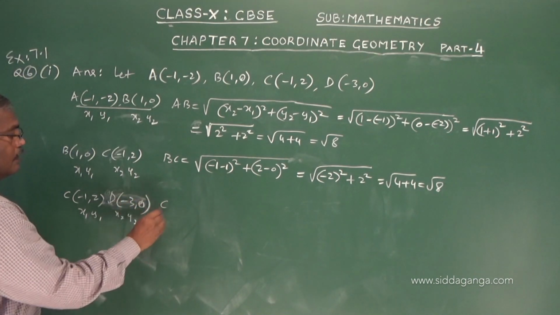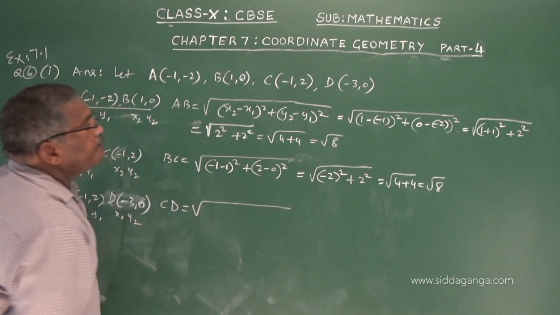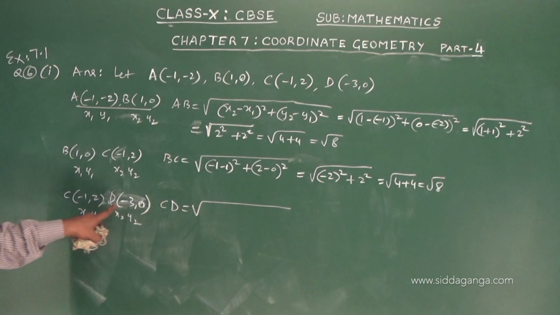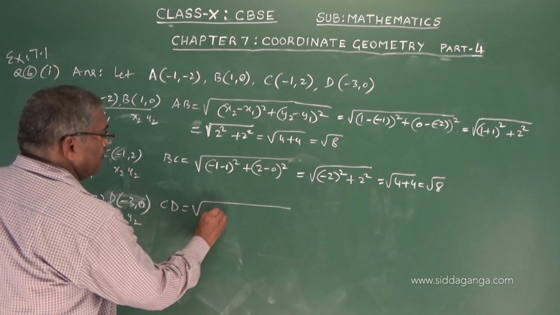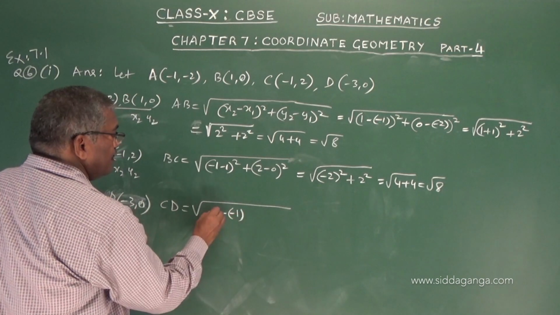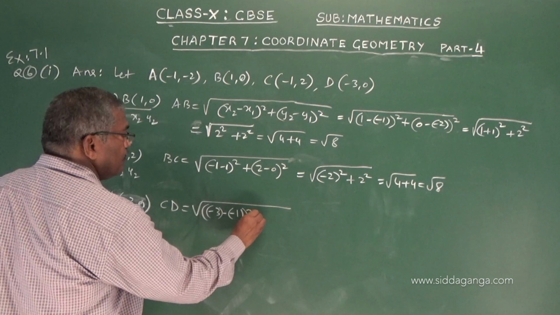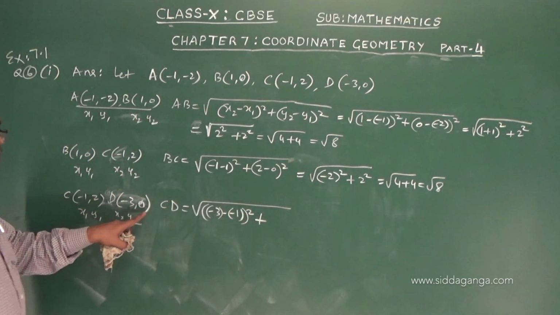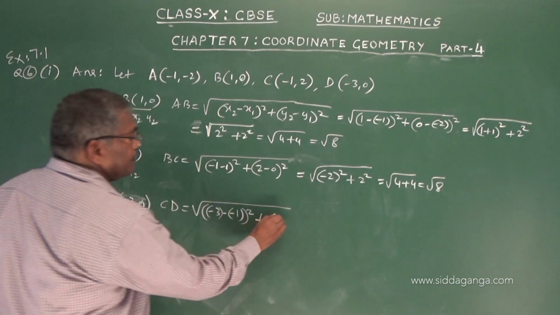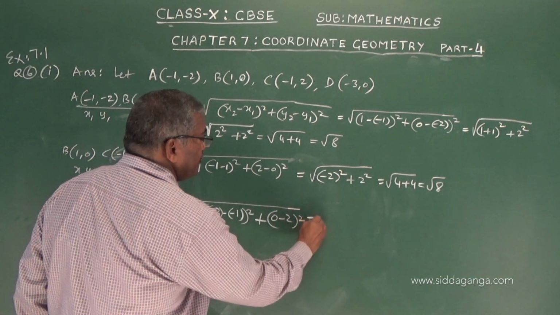CD equals square root of minus 3 minus of minus 1 whole square plus 0 minus 2 whole square.